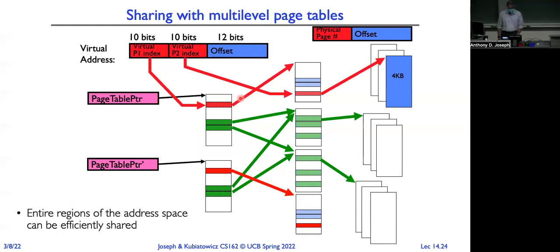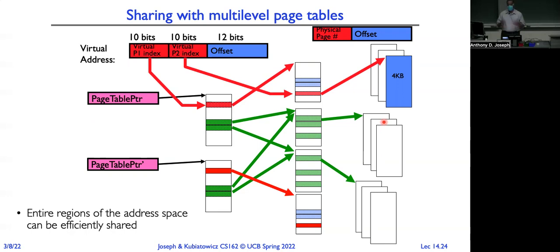Okay, how do we do sharing? Well, sharing is really easy, right? So here we have multi-level page tables. We can share at the granularity of an entire page table, or we can share at the granularity of an individual page, or both. Right, so we get a lot more flexibility.